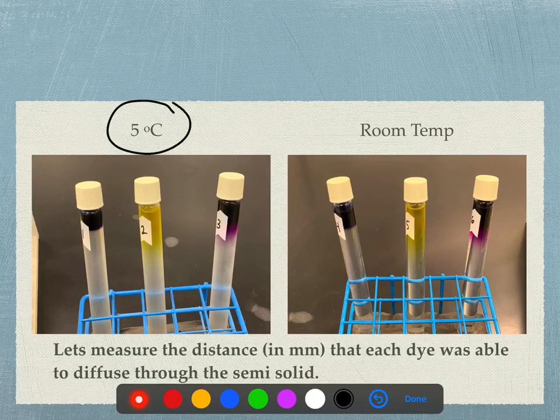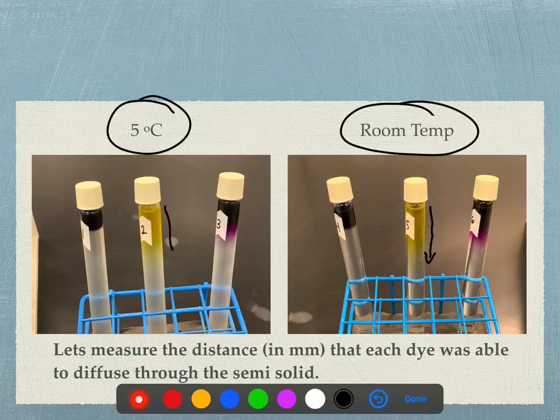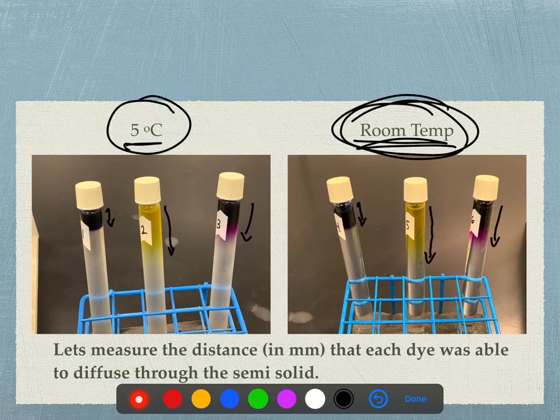All right, so remember we said that we could compare these tubes, right? So here are the tubes at 5 degrees Celsius and here are the tubes at room temperature. Now look at, for example, potassium dichromate and how far it traveled at room temperature versus 5 degrees Celsius. The same can be said for Janus green and even aniline blue, right?